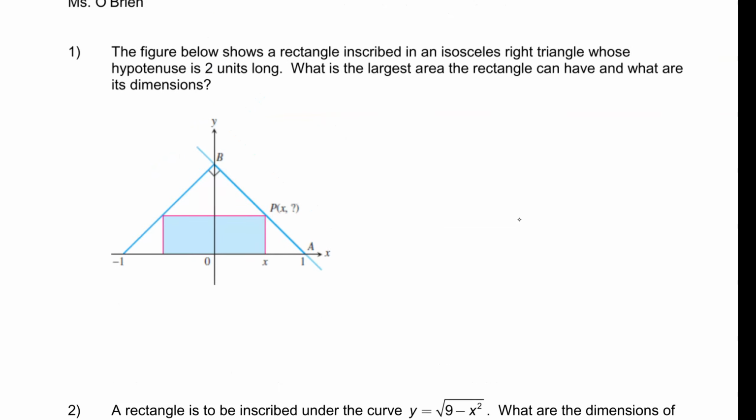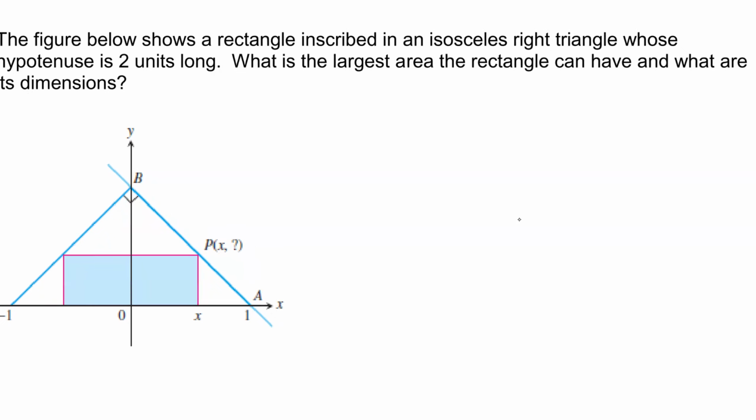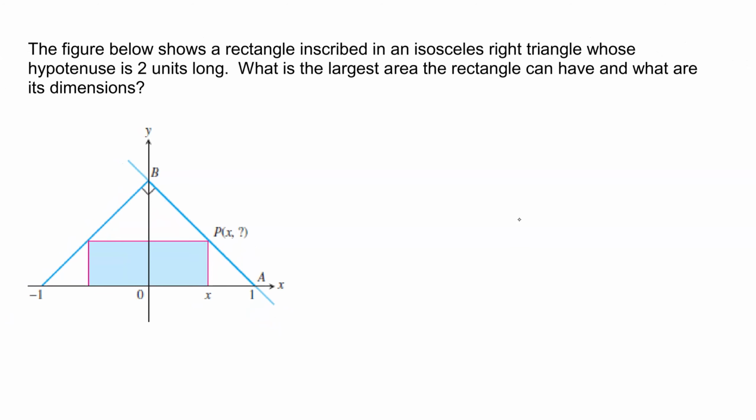So the figure below shows a rectangle inscribed in an isosceles triangle whose hypotenuse is 2 units long. What is the largest area the rectangle can have, and what are its dimensions? Is it saying that x is like from 0 to 1? What do you mean? Just like that point. Oh, it's just saying like, I'm x units over. Yeah. Okay.